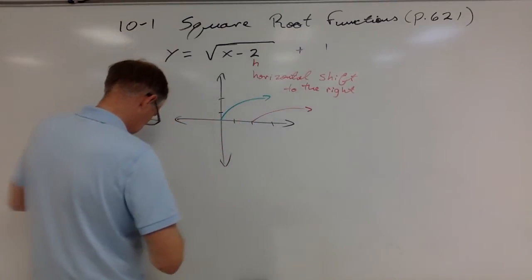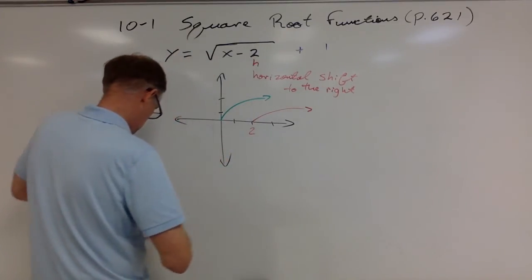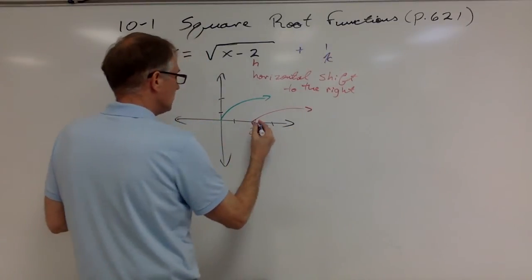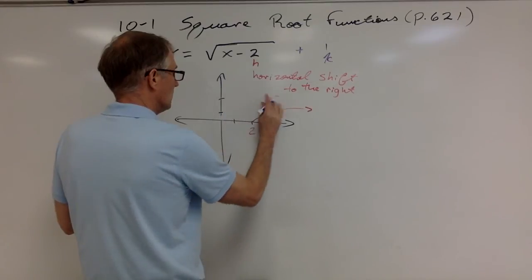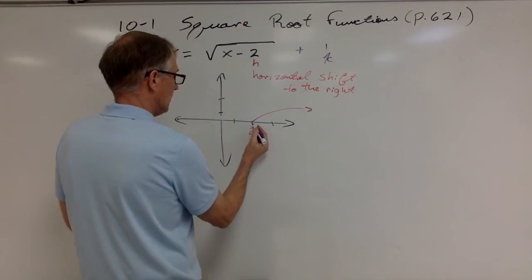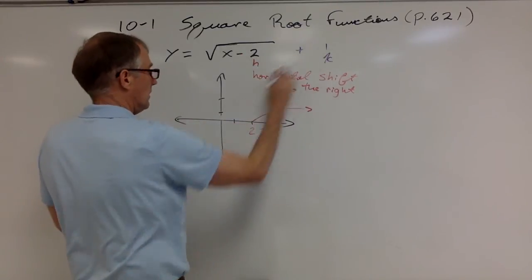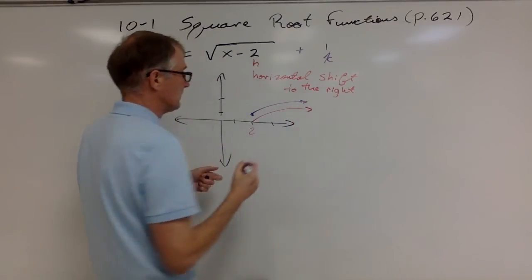That's this. I'm almost done. And this is your vertical shift. That's your k. So that means it also got shifted up. Shifted over 2 to the right, that 2, and it also got shifted up plus 1. All right. Looks something like that.